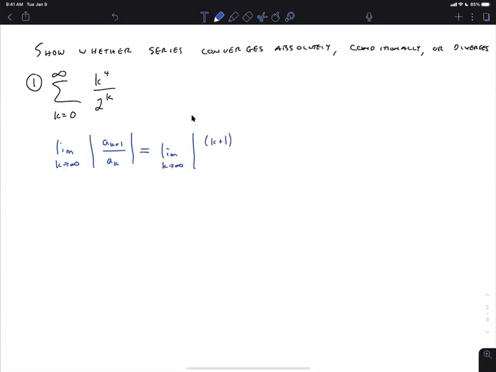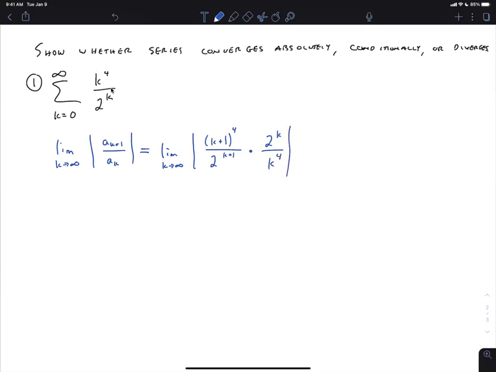So we get (k plus 1) to the fourth over 2 to the k plus 1. That is a sub k plus 1. And then instead of dividing by a_k, we multiply by the reciprocal of a_k, so times 2 to the k over k to the fourth.